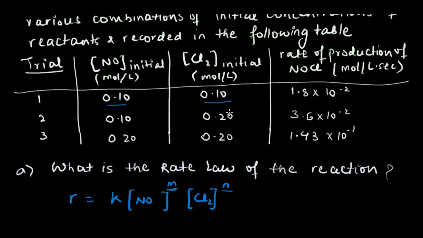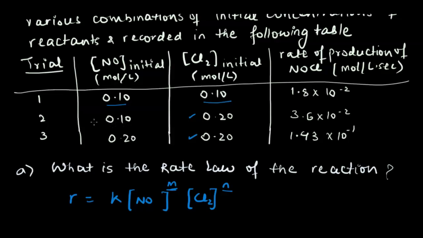We look for the concentration where Cl2 is constant because we do not want to affect Cl2 in the determination of M, as M is just the order of NO. We see that in trial 2 and trial 3, the chlorine concentration is exactly the same. Now we do not have to look at chlorine at all because it is not affecting the rate, as its concentration is the same. We'll look at the nitrogen oxide concentration.